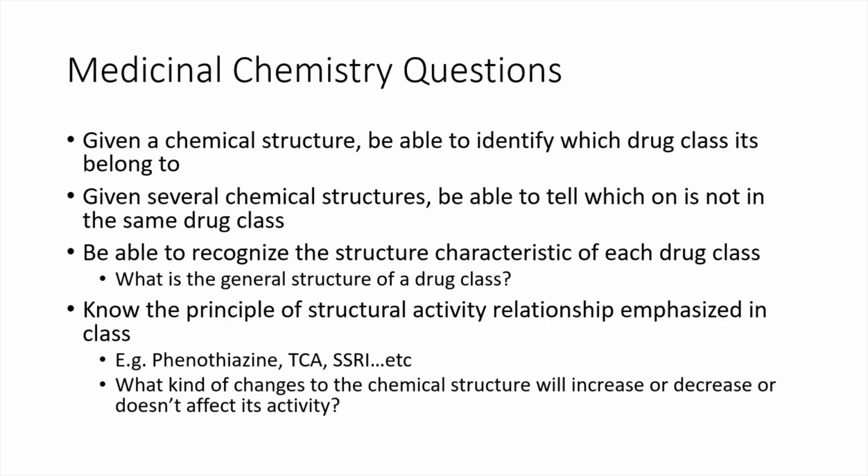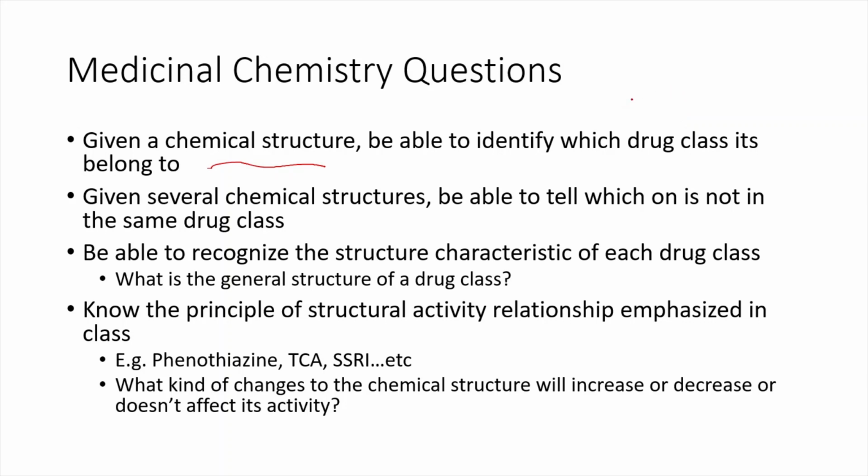There is a lot of medicinal chemistry information covered in class, particularly in the antipsychotic material. Here are some of the general things that I want you to be able to understand. If I give you a couple of chemical structures, be able to identify the drug class that it belongs to.